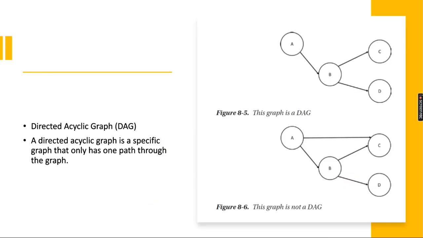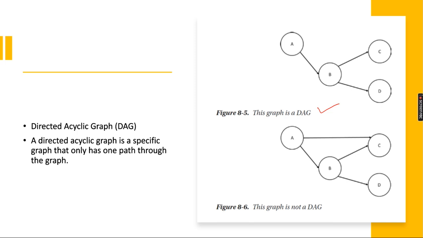Now, directed acyclic graph, we call it a DAG. A directed acyclic graph is a specific graph that has only one path through the graph. So, the first example is the example of a DAG, because there is only one path between the nodes. If we have two paths, then we say it is not a directed acyclic graph, because the graph has two paths.